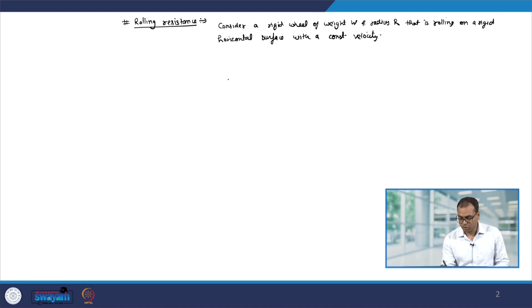So, the situation is the following: we have a rigid wheel and this wheel is rolling on a rigid surface.